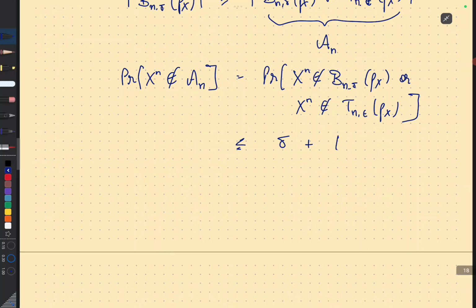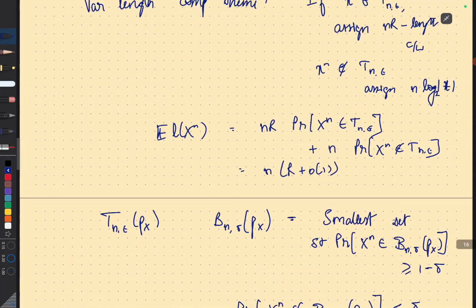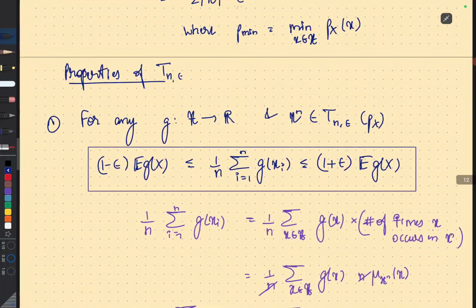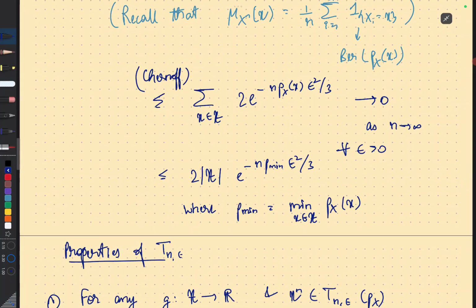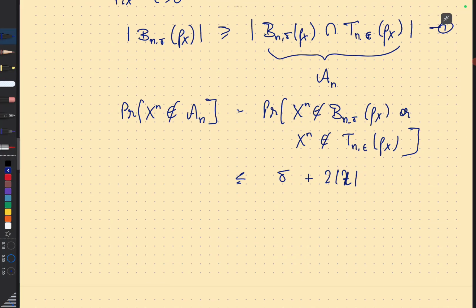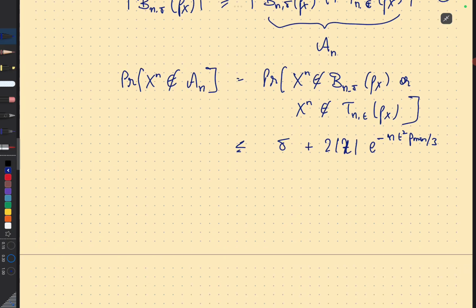And we saw that this is less than or equal to 2 times cardinality of X times e to the minus n epsilon square p_min by 3. Great.